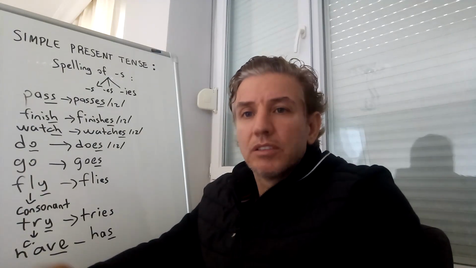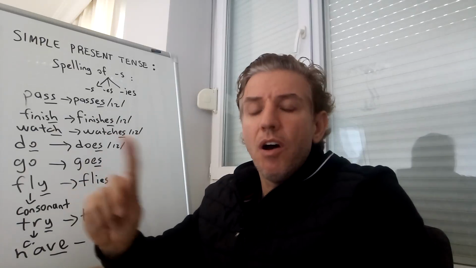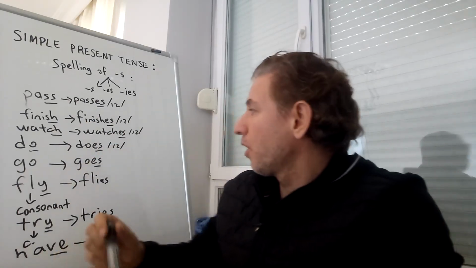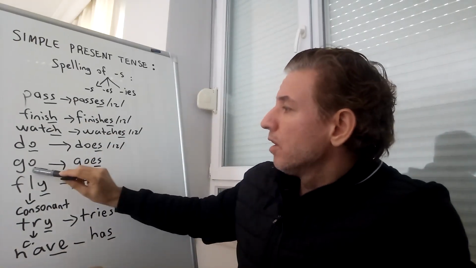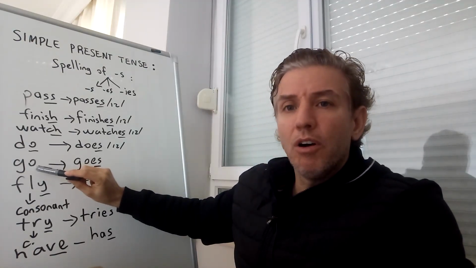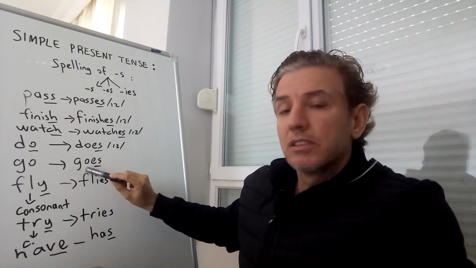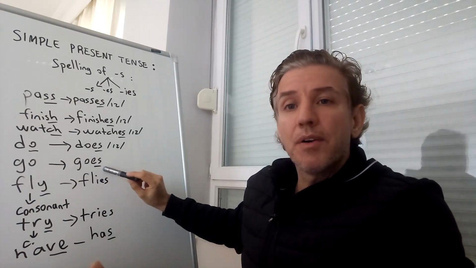The earth, the world means the earth, goes around the sun. Goes. Look here. Go, goes. For example, I go home now, but the earth goes around the sun.